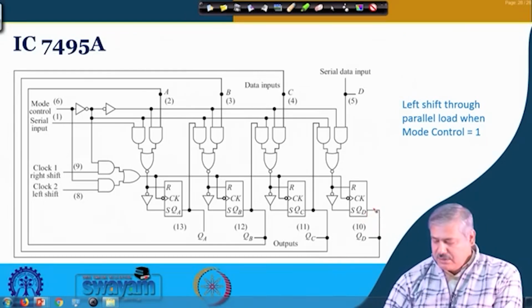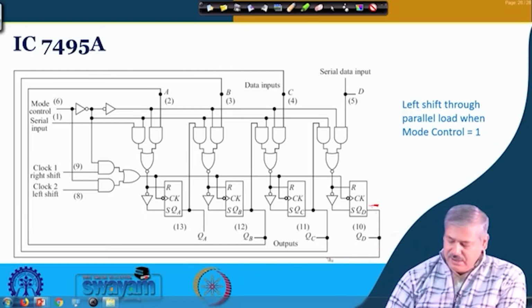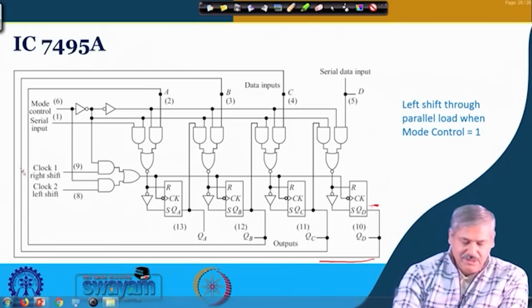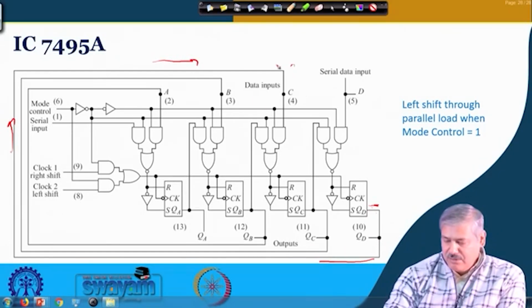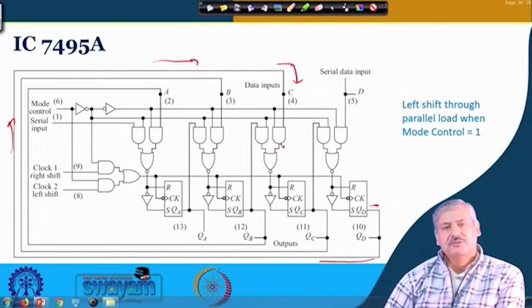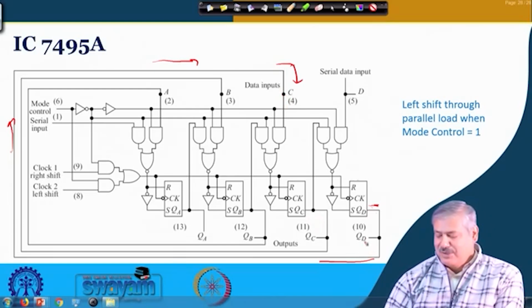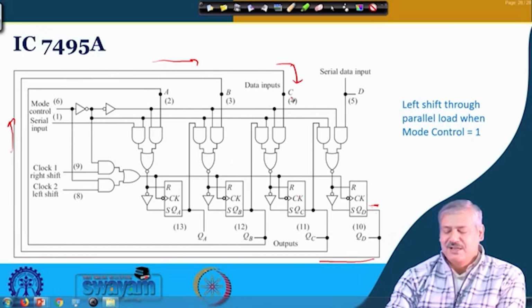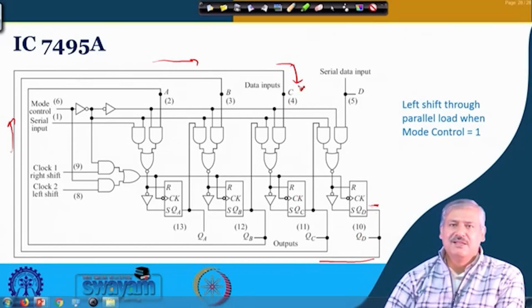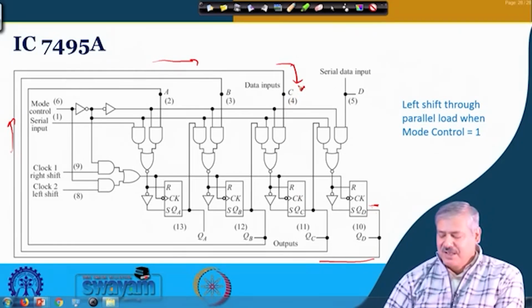So, QD is connected, this wire is going here, and then as input to C. Parallel load input was there for C. So, QD output is now connected at the input of C. Externally you connect this wire, okay.